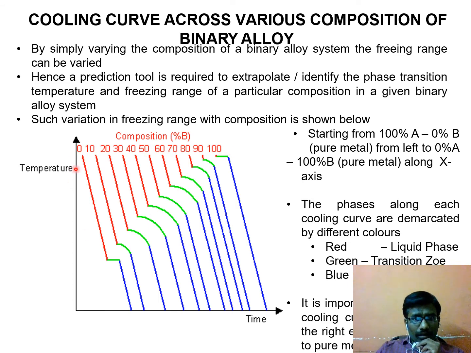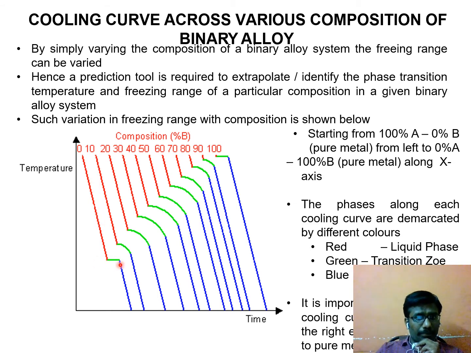Now with respect to temperature, I take 0% B, 100% A. I heat slowly up to some temperature and it is converted to liquid, then slowly cool to room temperature.